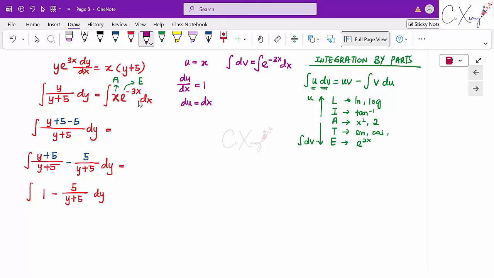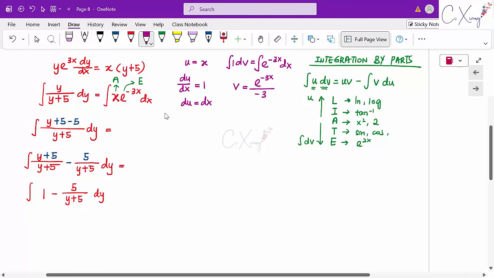Then for the integration, integrating dv you're having a v. Integrate e power negative 3x, you're having e power negative 3x, but differentiating the power you get negative 3, so I have to divide by negative 3. This is not the end of the integration yet, therefore I didn't put the plus c at this step. I will put it at last after I complete everything. So this is what I have for the integration by parts.